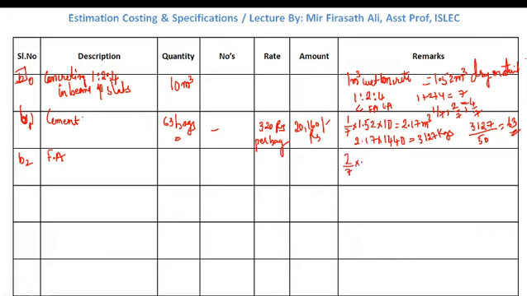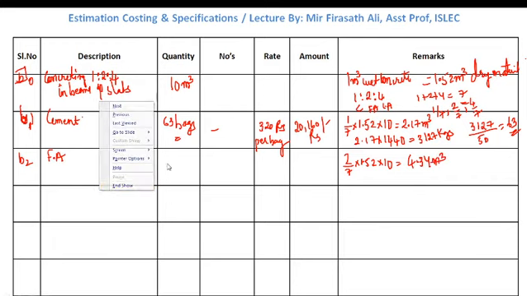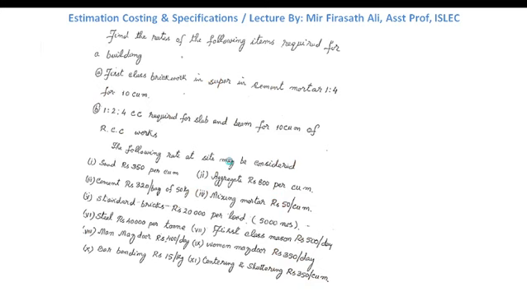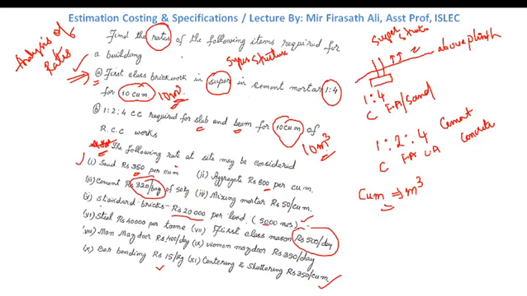2/7 into 1.52 into 10, which will be equivalent to 4.34 meter cube. This is our quantity of fine aggregate. The rate is already given to us in our question.